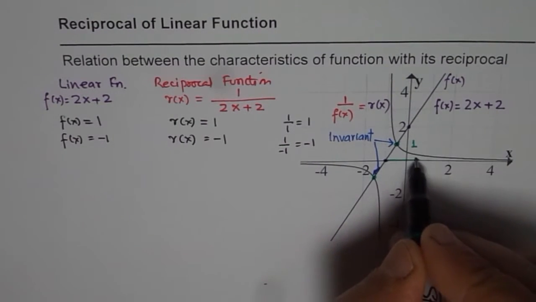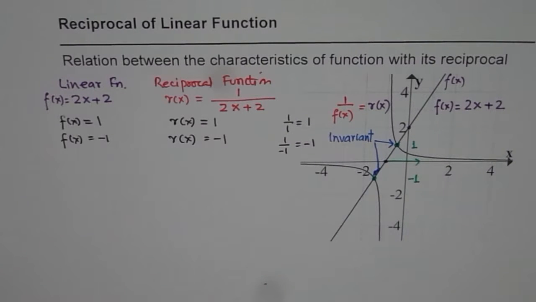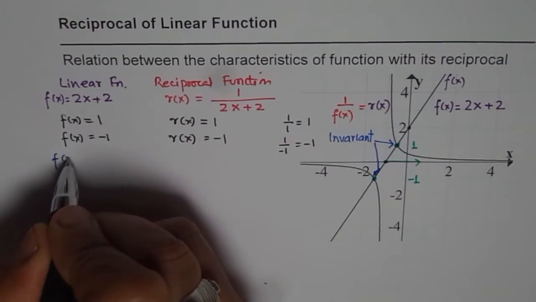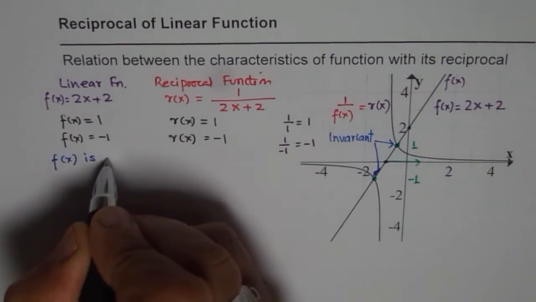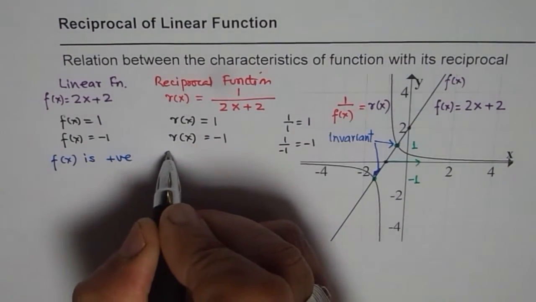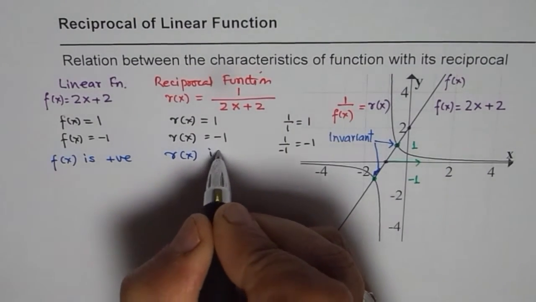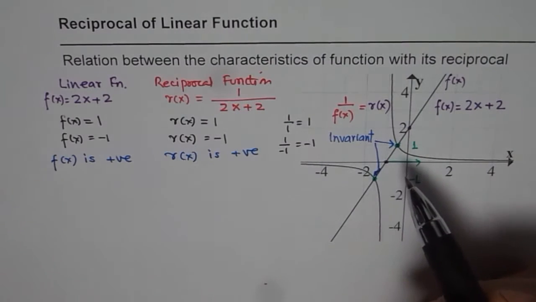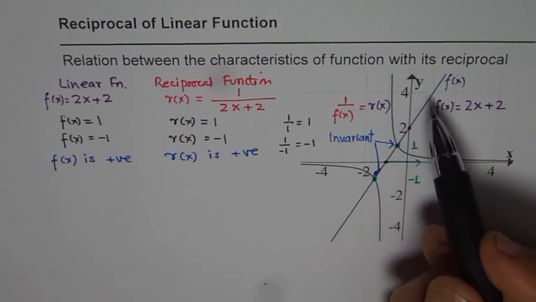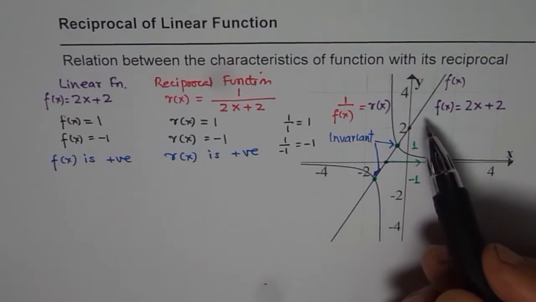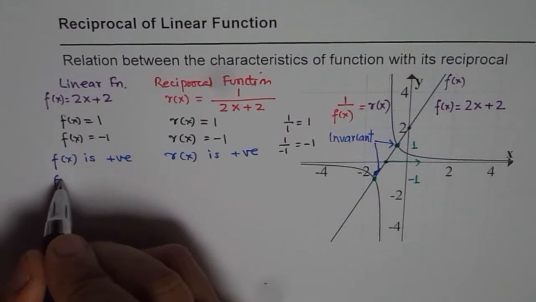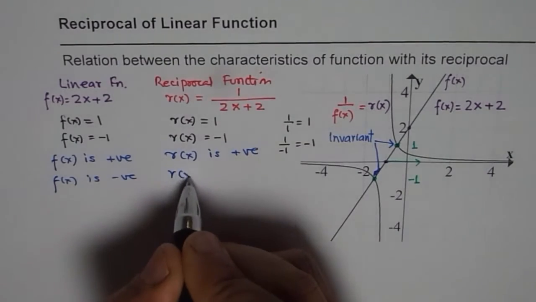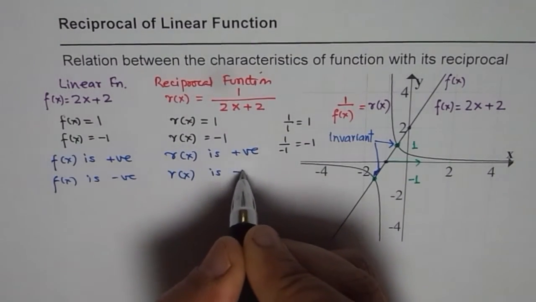On this side, f of x is positive. So if our linear function f of x is positive, in that case the reciprocal function is also positive. Do you understand? 5 and 1 over 5 both are positive, correct?